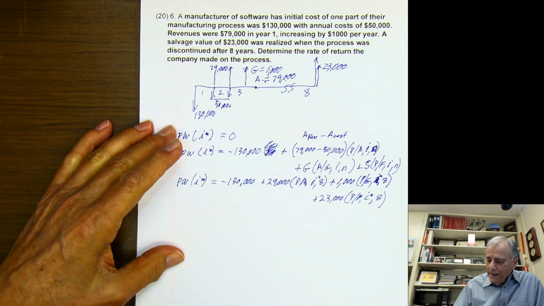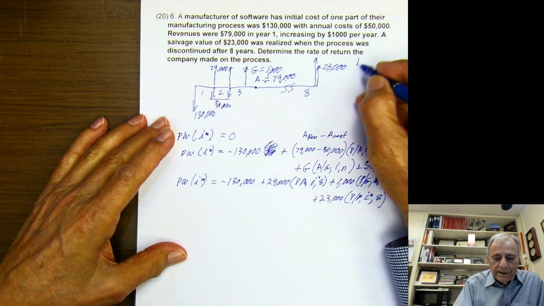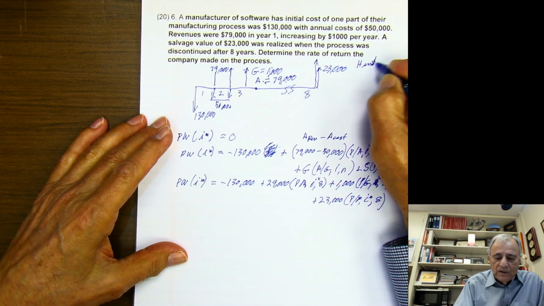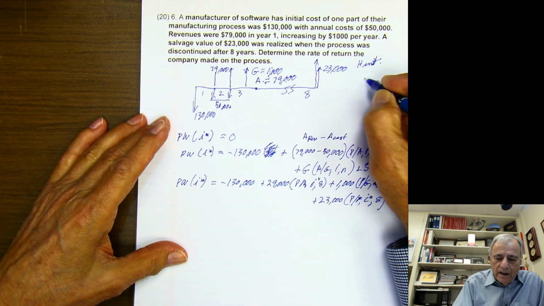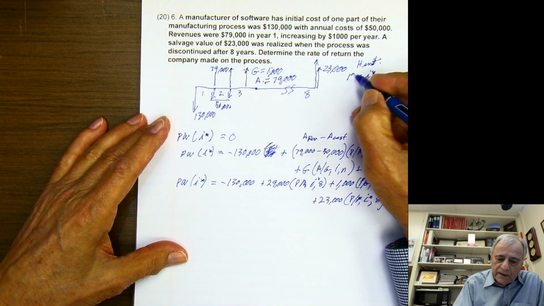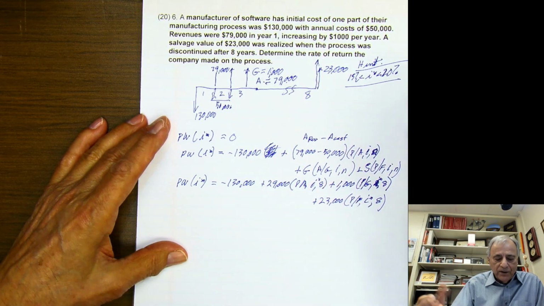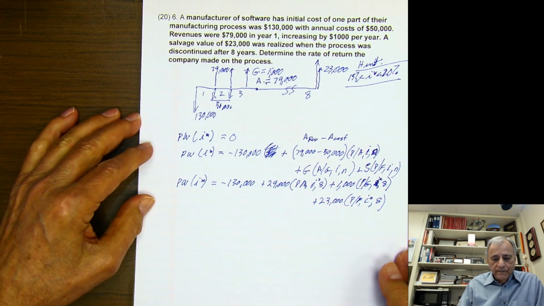And in this case, the hint would have been I star is greater than 15% and less than 20%. So you have to know that to know where to start.